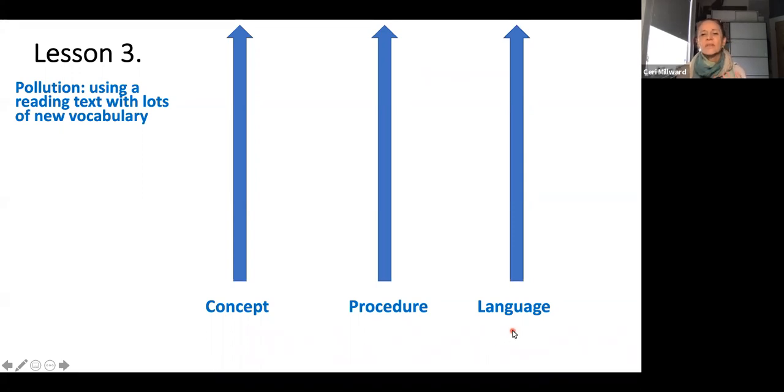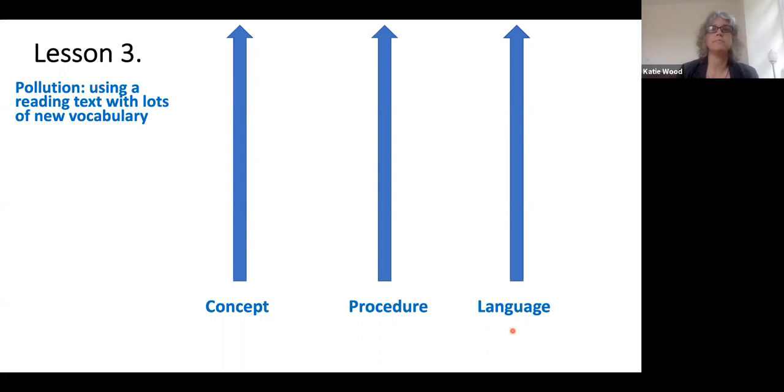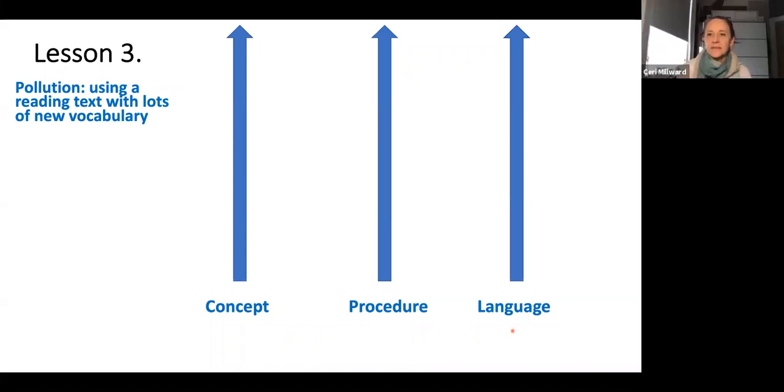Katie, what do you think about that? Do you think that language would be easy or difficult for your students? So we're saying that the text is maybe challenging because it has a lot of difficult or new language in it. So quite difficult, yeah. Exactly. So we found that text, but we could still use it if the concept is easy.